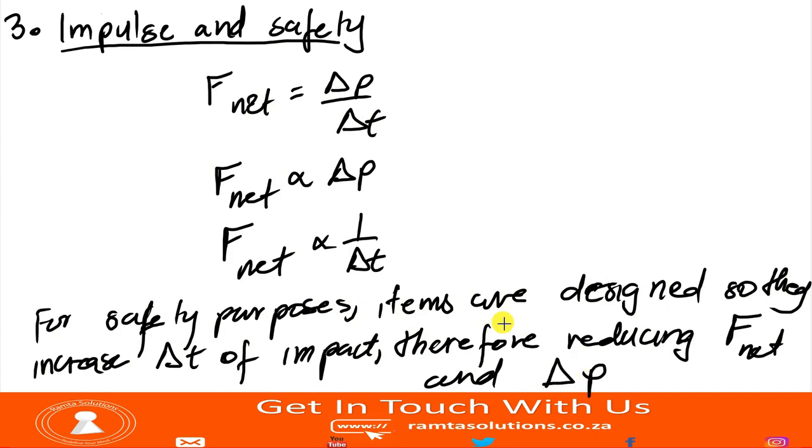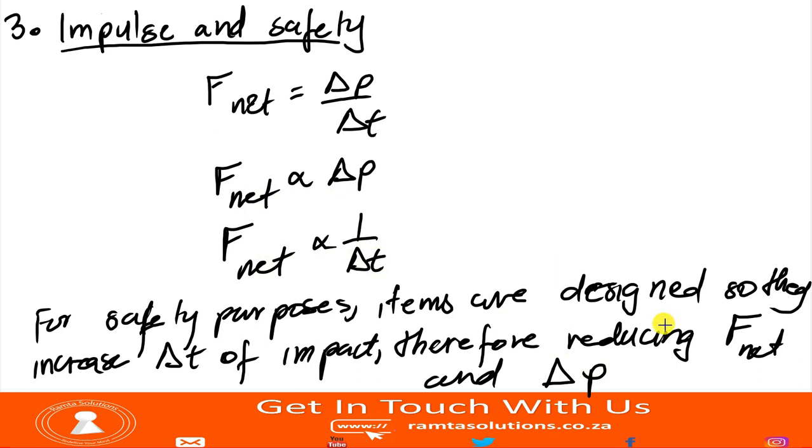Because remember when we have said, when you increase time, this is inversely proportional. When you increase time, you decrease the net force. So if your collision happened in a short period of time, the net force will be greater than when it happens over a longer period of time.